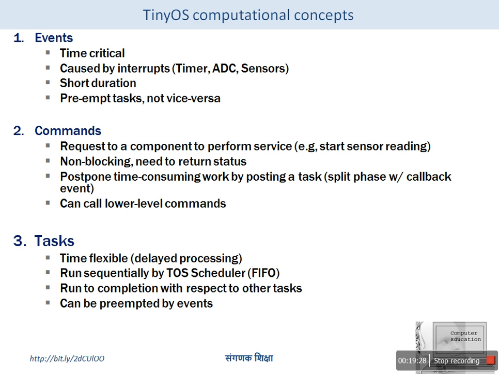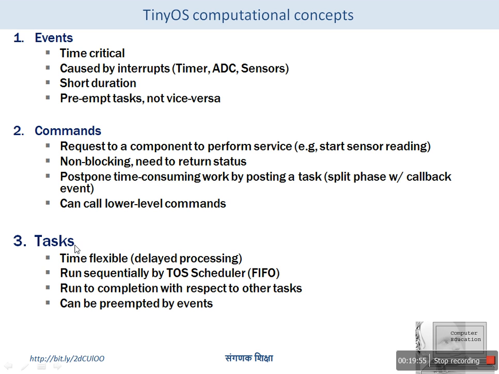You cannot preempt these, and they need some return status, meaning the outcome of the service. They also postpone time consuming work by posting a task. They can split without callback events. They can call the lower level commands. Here lower level commands means hardware based commands. So in order to perform some service, they require some hardware based commands or components to be called.